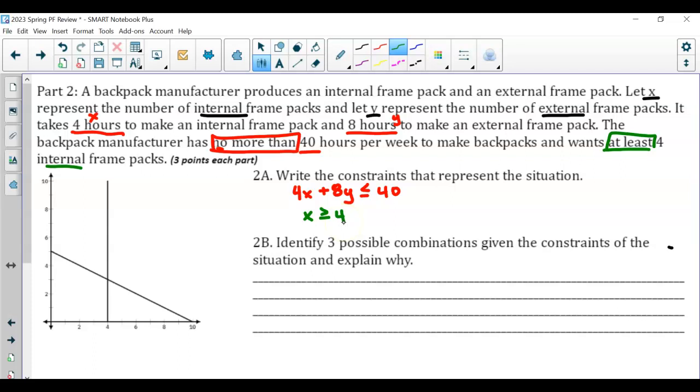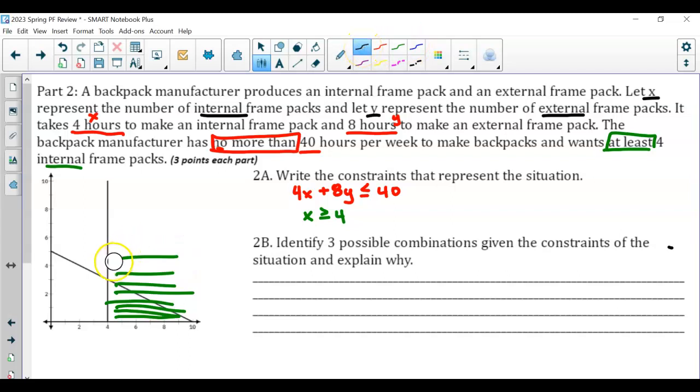Now, if we wanted to also identify the possible combinations, well, think about it. If I need to make at least 4, then that's 4, yes, 5, 6, 7, 8. So here we are including all of these. But notice the cutoff, right?